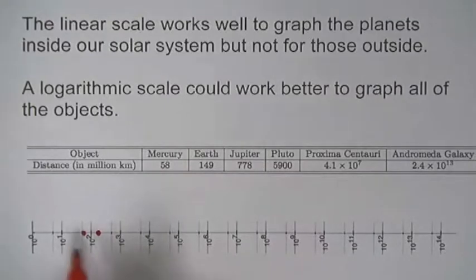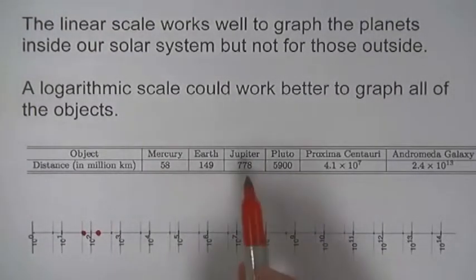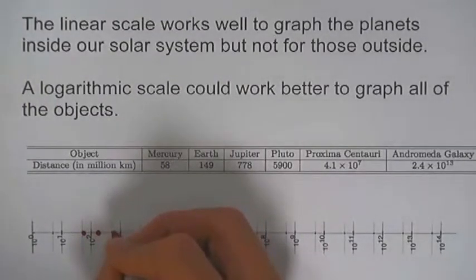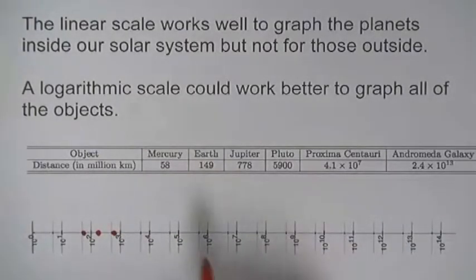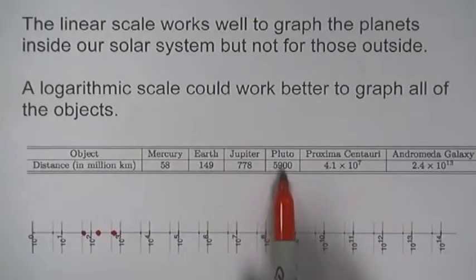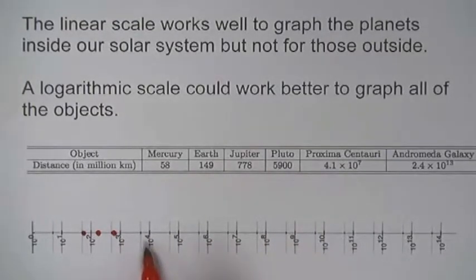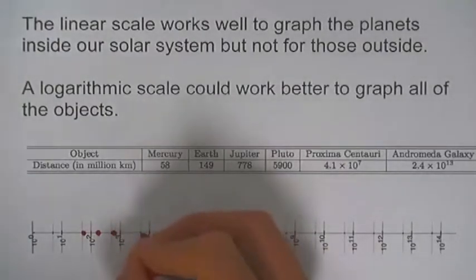That's a little further apart than we saw on the linear scale. 778 is going to be in between 100 and 1,000, so about here, so that would be Jupiter. Pluto at 5,900 is going to be between 1,000 and 10,000. So this is 1,000, this is 10,000, so that's going to be about here, Pluto.